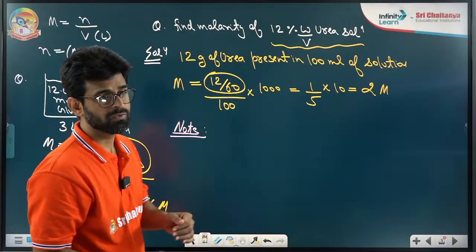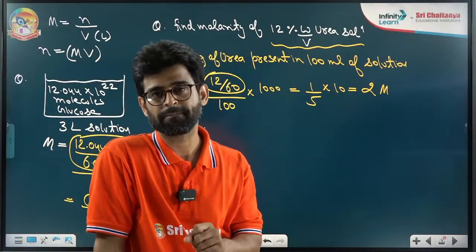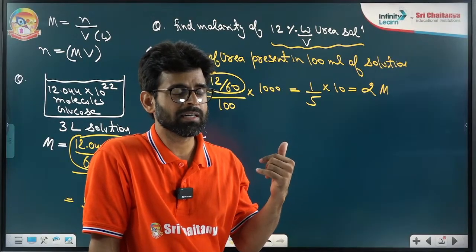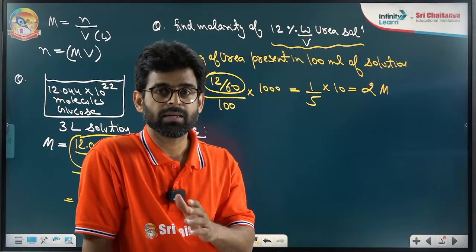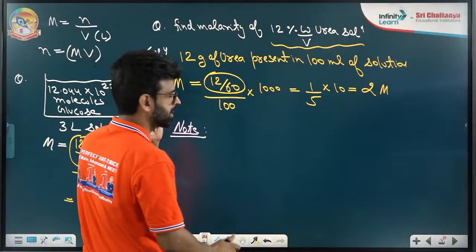Okay, no beta, you will not take the volume of solvent, you will take the volume of solution. Even you can't find the volume of solvent in this because they have not given volume of solute. And be careful, volume of solution is required, don't make mistake. Fine.